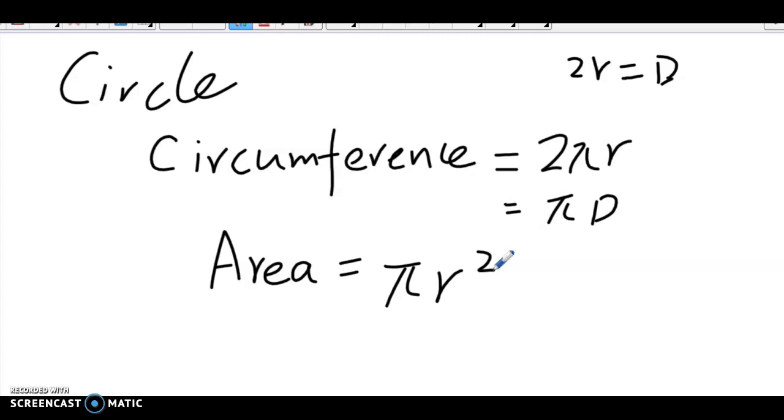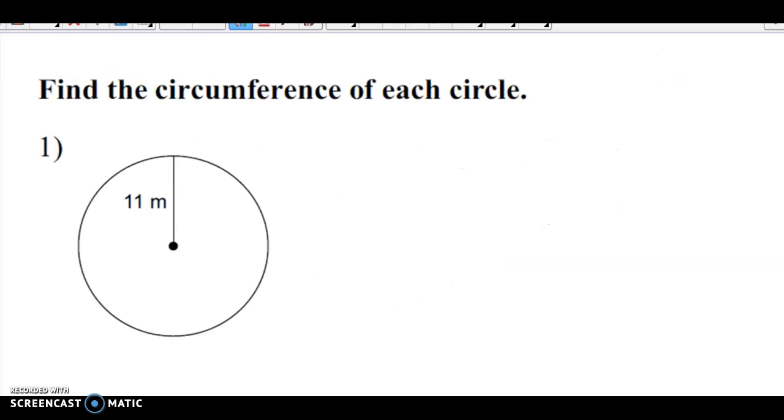And the next one, we're going to use those two formulas to find the circumference, the example. So here, as we know, this is r. So r equals 11 m. C we can represent for circumference, and that's equal to 2 pi r.